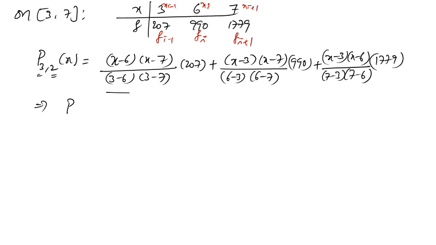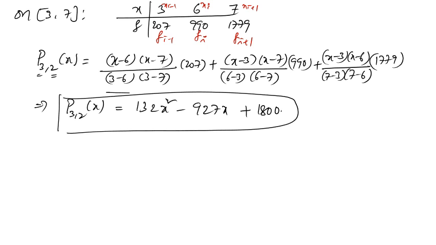This implies P32 of x equals 132x square minus 927x plus 1800. This is the third quadratic polynomial on 3 comma 7.